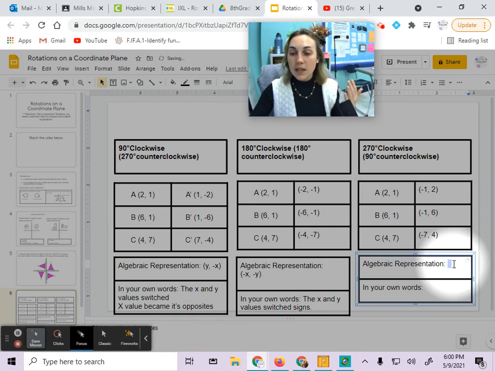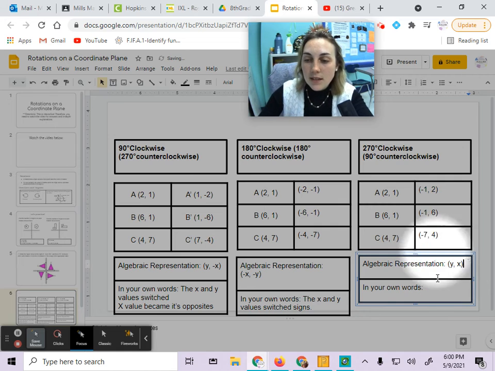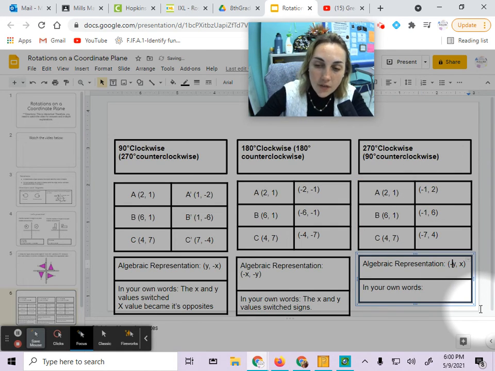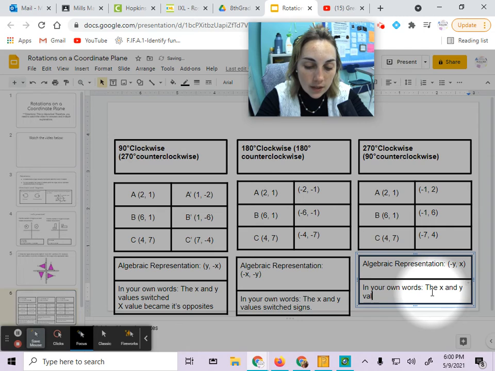All right, so here's what happened algebraically here. First, again, our x and y values swapped again, so we need to say that. And then this time, our y value swapped signs. So we need to say, hey, that became its opposite. We need to say that in our own words. The x and y value switched.